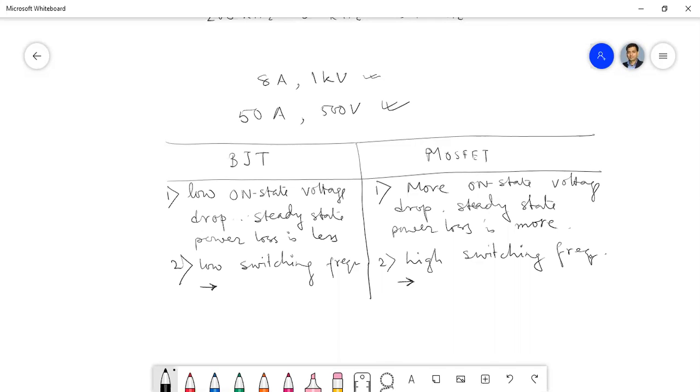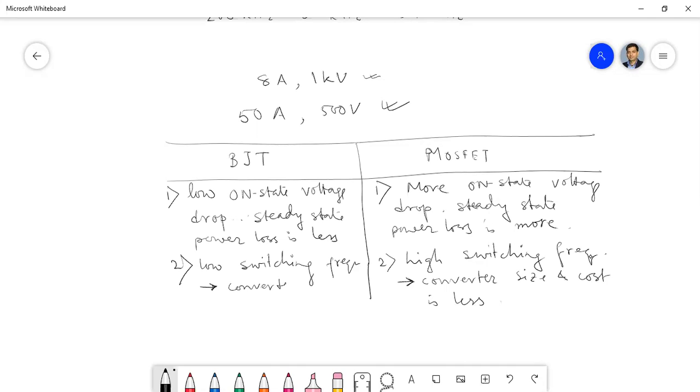So the converter size will be less and thereby the cost is less.